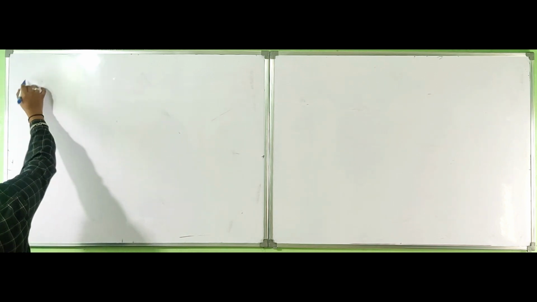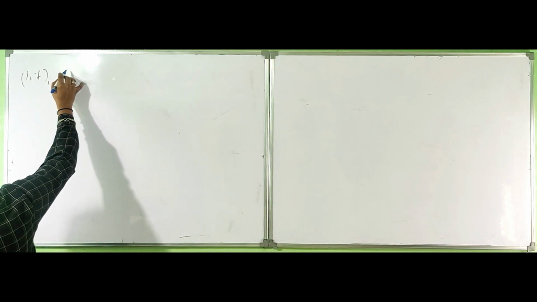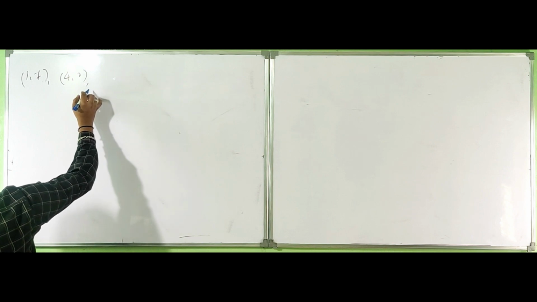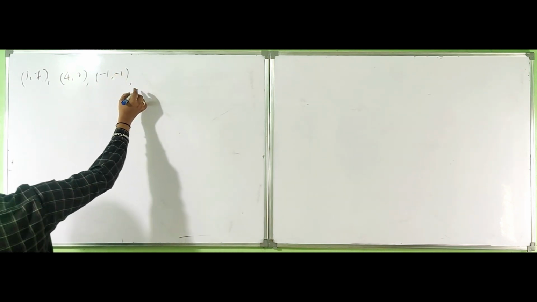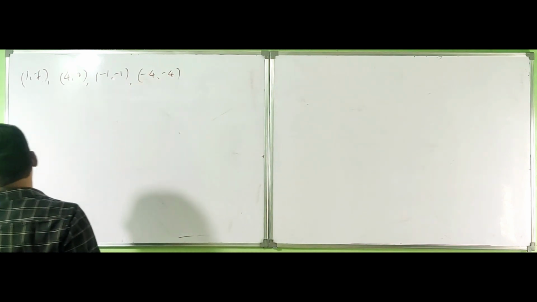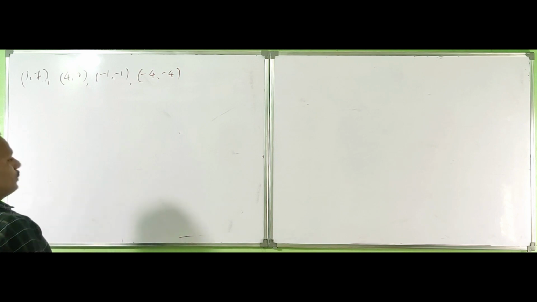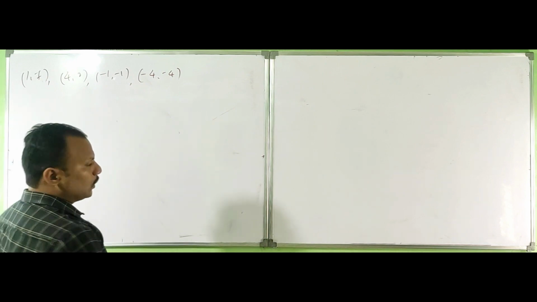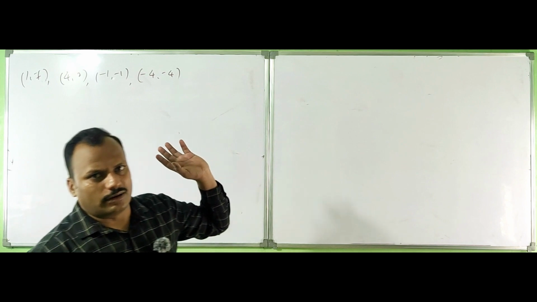Show that the points (1, 7), (4, 2), (minus 1, minus 1) and (minus 4, 4) form a square or what is the shape. See here I am making a diagram only, so in the exam you don't need to write this. Don't try to draw the diagram. Write the features of the square.